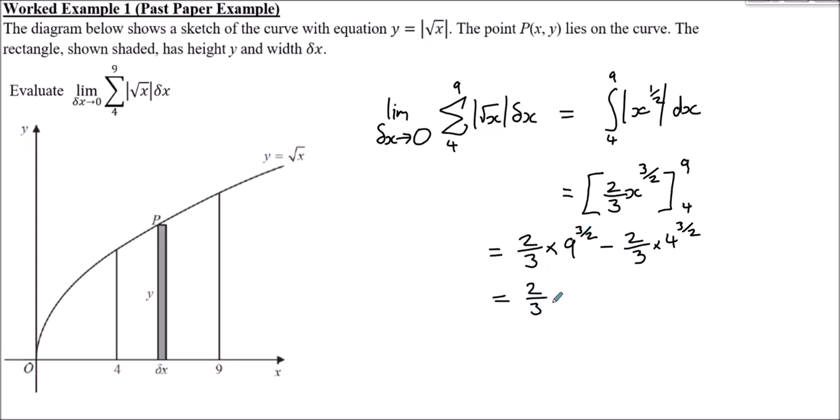So I've got 2/3 of 27 minus 2/3 of the square root of 4, then cubed. Square root of 4 is 2, then 2 cubed is 8.